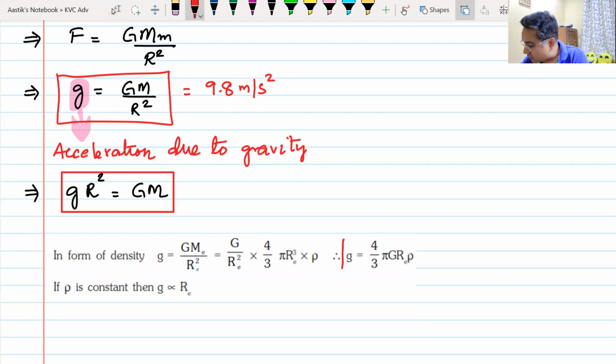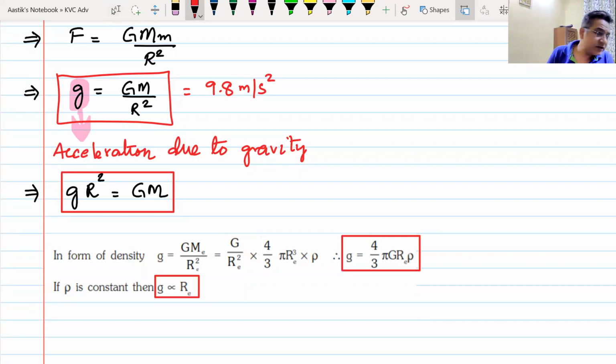So you must remember that I can write it like this: 4 by 3 pi G into RE, RE means radius of Earth, into rho. That means if the density is constant, g is proportional to the radius of Earth or the radius of the planet. If they are comparing the acceleration due to gravity of two planets, and this type of question comes a lot, it is directly proportional to radius. Do we understand this? Yes or no?